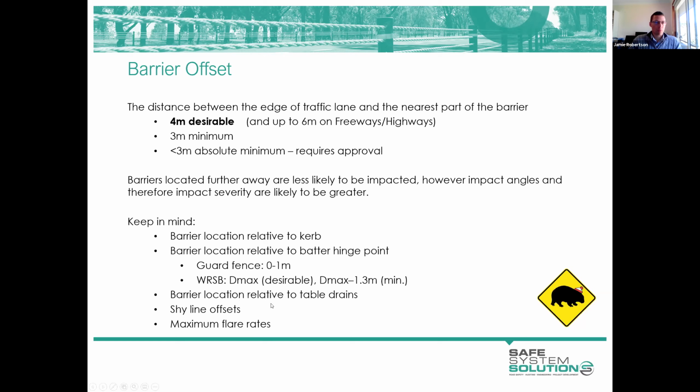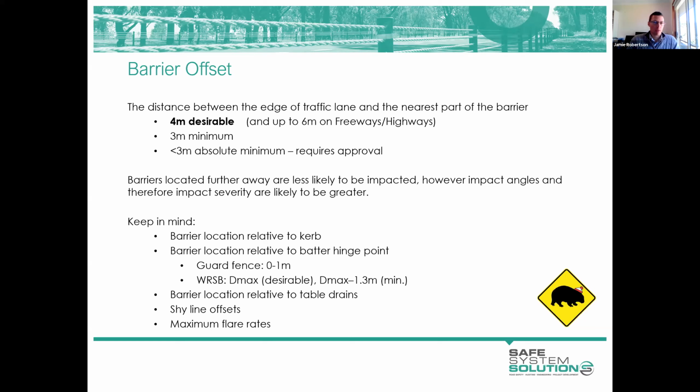So we have these desirable numbers in mind, but then we get out on site and understand what we need to work around, and there are lots of things that might mean that we can't achieve those desirable offsets, or that provide us a limited window perhaps within which to install our barrier. If there's a curb in play, that will influence our location. The location of the batter hinge point, so that's the location at which our verge hinges down to our batter, is critical in terms of locating our barrier.